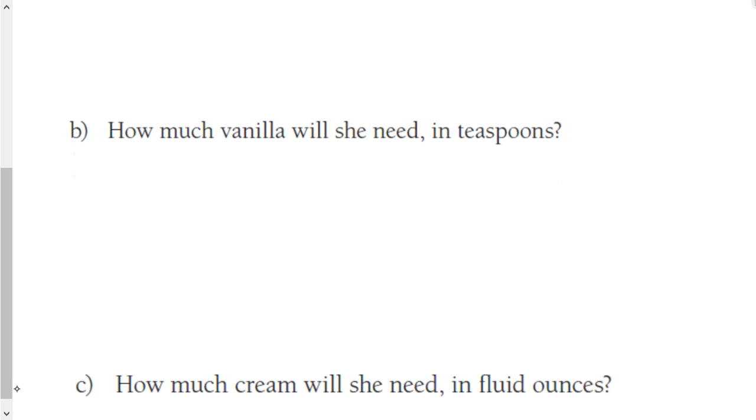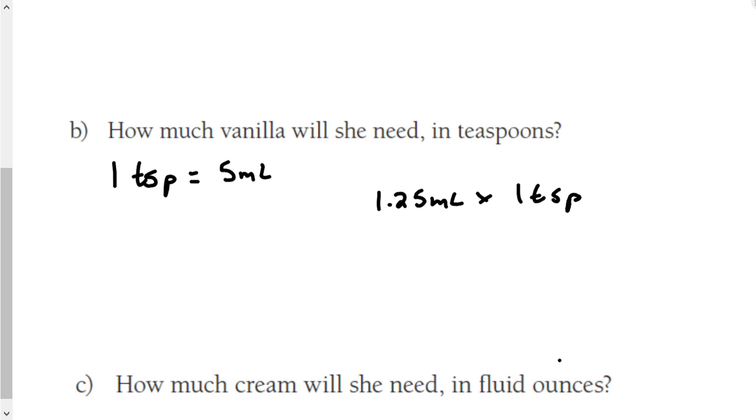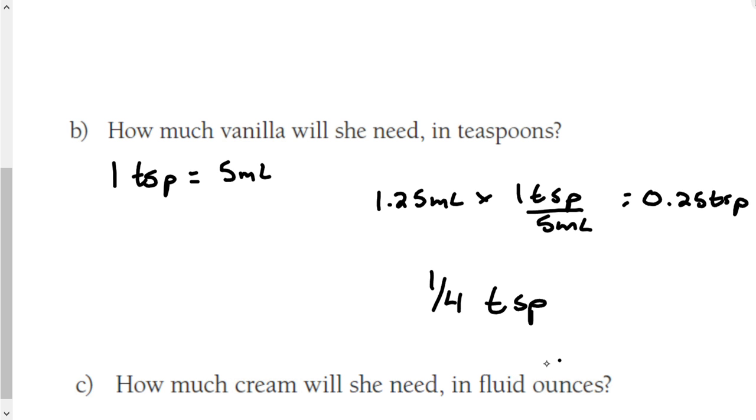So I need to convert 1.25 milliliters to teaspoons. 1 teaspoon is equal to 5 milliliters. So I have 1.25 milliliters times 1 teaspoon over 5 milliliters, which gives me 0.25 of a teaspoon, or 1/4 teaspoon.